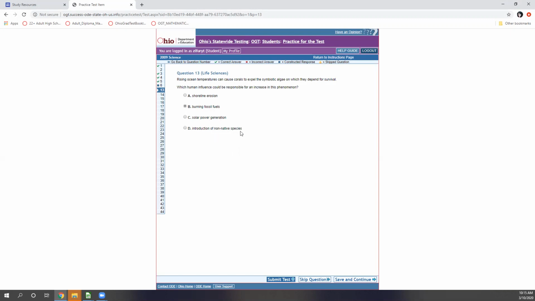Introduction of non-native species. This is actually not a terrible answer if you're just looking at the expelling symbiotic algae, because an introduction of non-native species could definitely disrupt that process. But do they make rising ocean temperatures? Absolutely not. Can human influence also be a part of this introduction of non-native species?